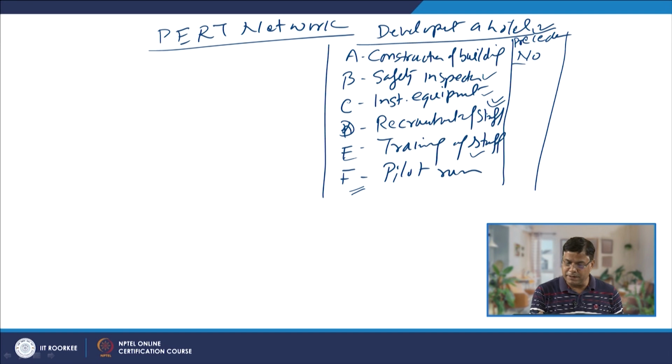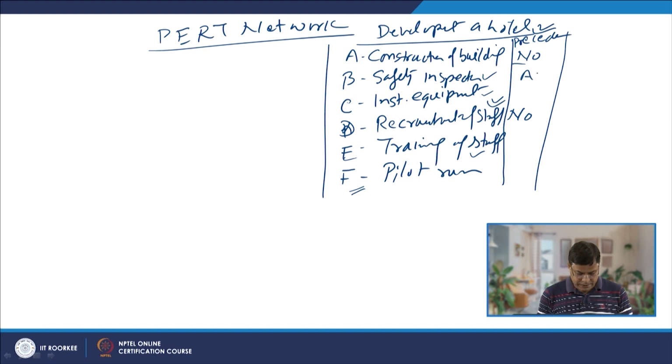Likewise, the recruitment of the manpower is also possible in parallel, so there is no precedence relationship. Inspection is possible only if the building A is completed, so the precedence requirement for activity B, the safety inspection, is that A should be completed.